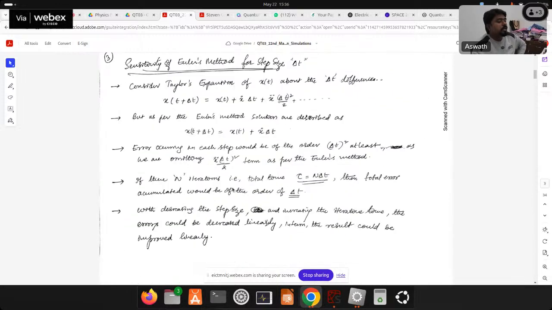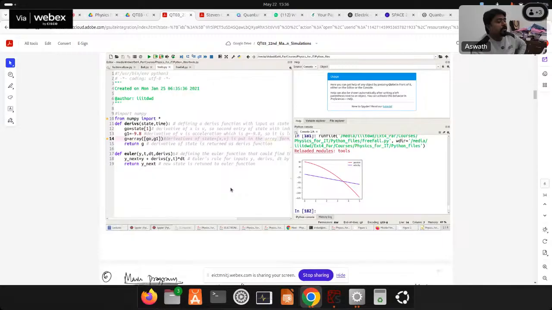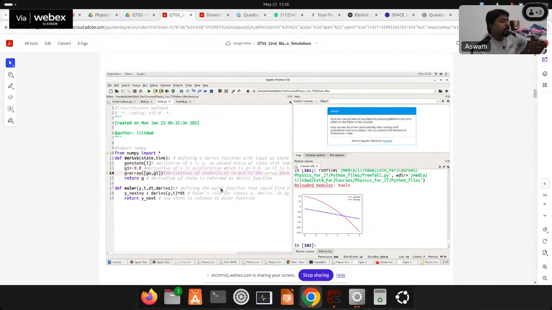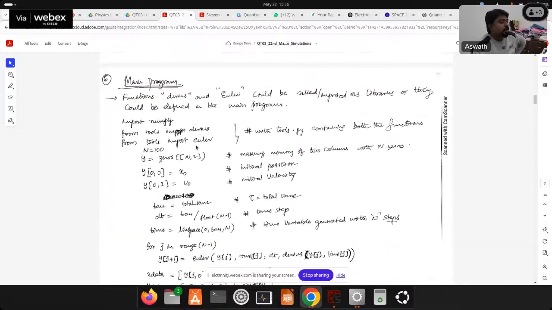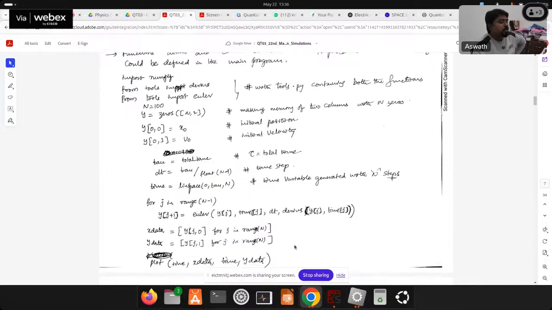You can integrate any particular equation and try to see that. The code is also explained. The programs I will share. I explicitly explained what my derivative function is, what the Euler function is, and what each step is doing.